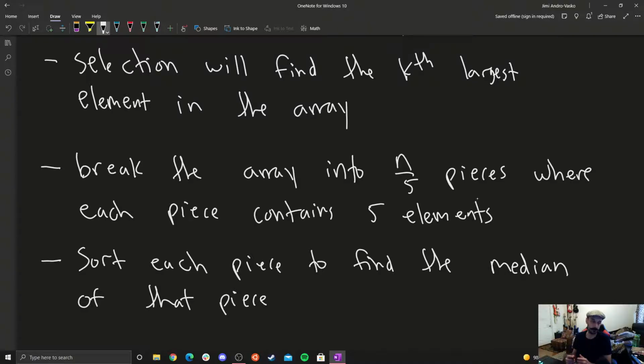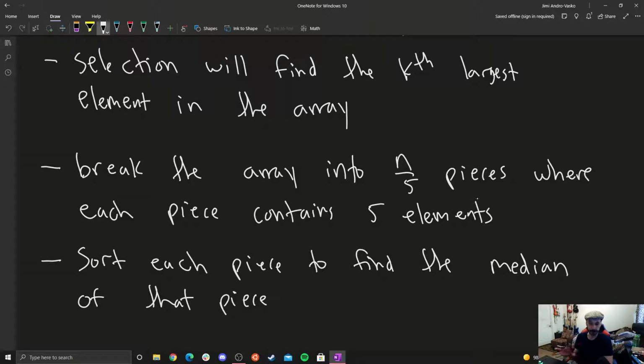Each piece contains 5 elements, so we can do insertion sort on each individual piece. That will take constant time because we have 5 elements. To sort 5 elements, we can do it in constant time using any sorting algorithm. The simplest is just insertion sort or bubble sort. It doesn't really matter, they're both constant. So we can use bubble sort on each one and then get the median very quickly.